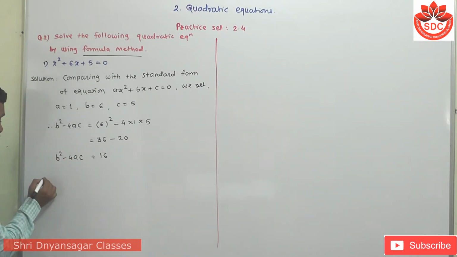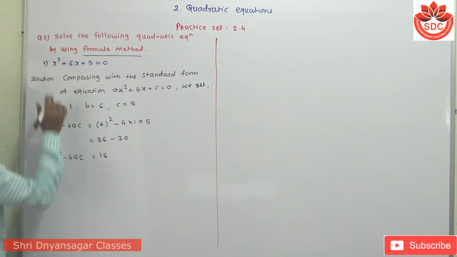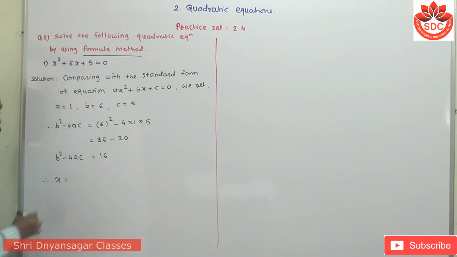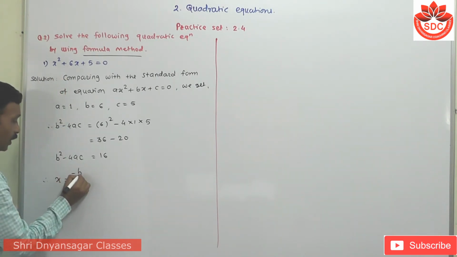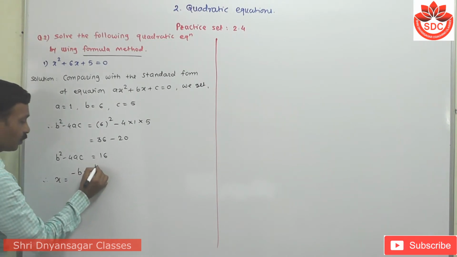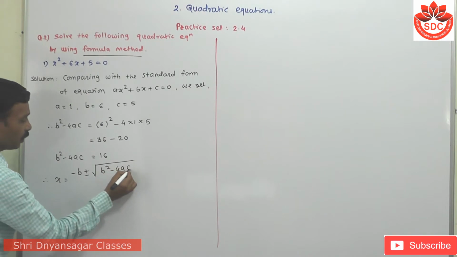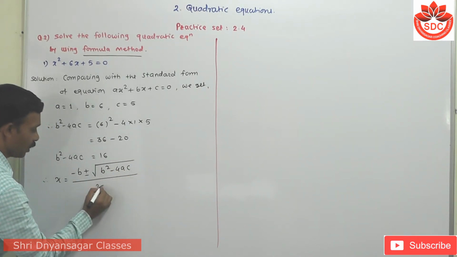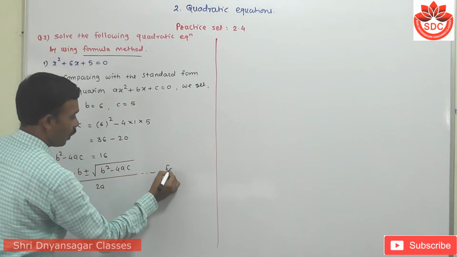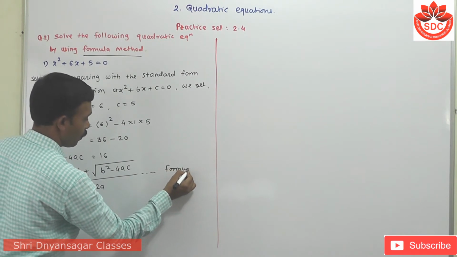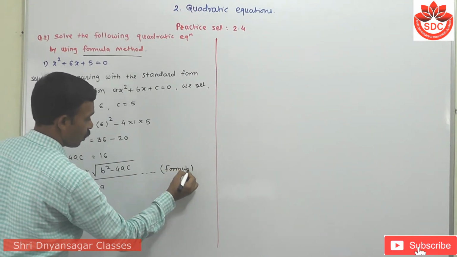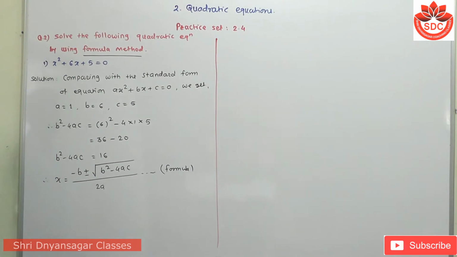Now the formula: the variable is x, so I have to write here x is equal to minus b plus minus root of b square minus 4ac upon twice a. This is the formula. Now student, we substitute the values here.